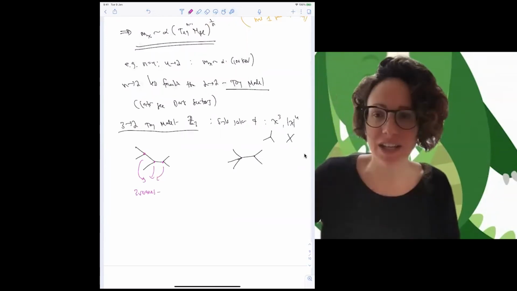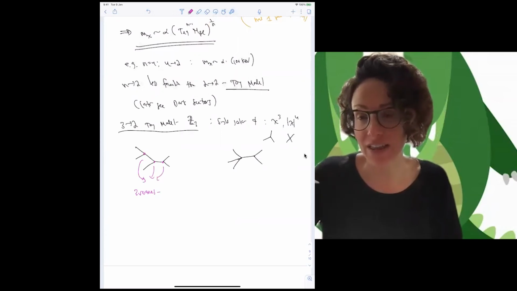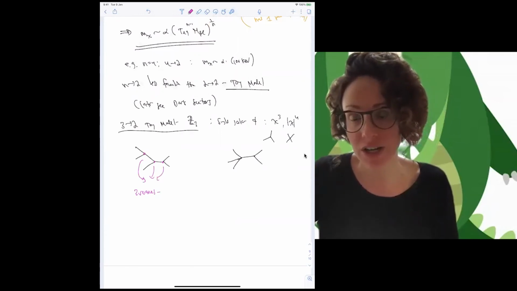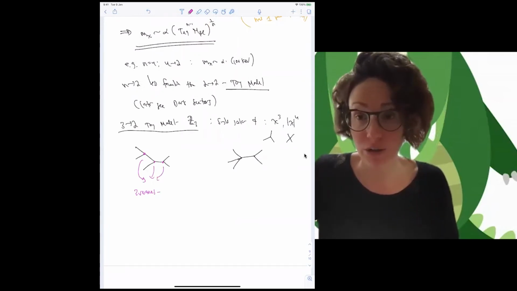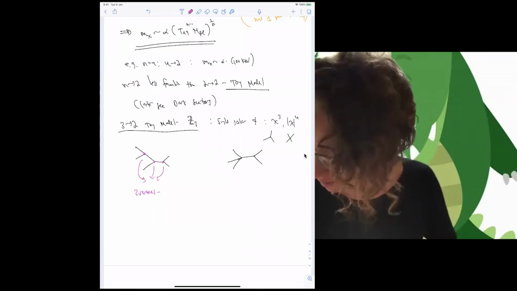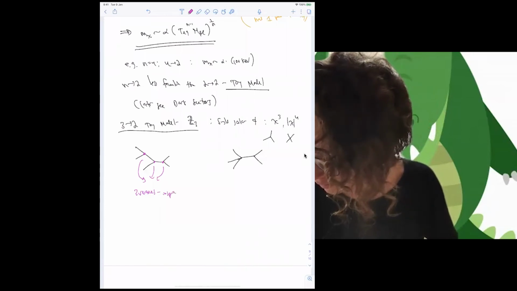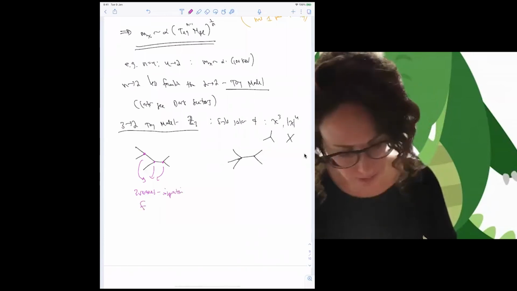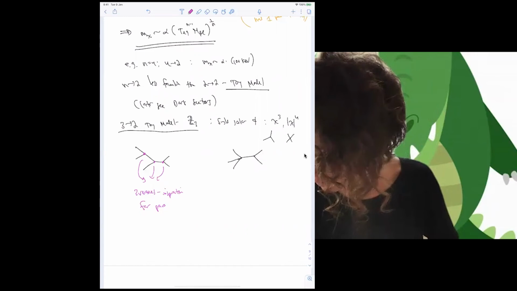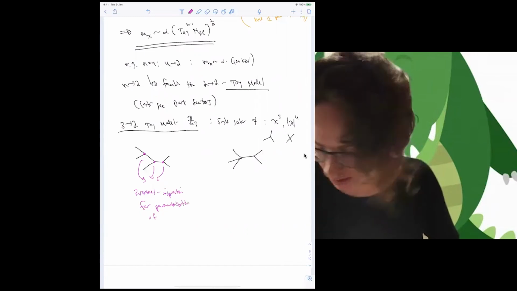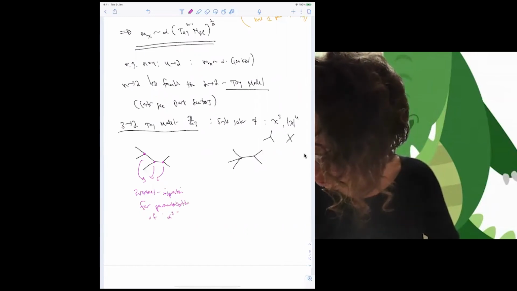And this is actually the inspiration for the fact that when we talked about the 3 to 2 cross section, we parameterized it as a coupling cubed. So this is just the inspiration for the parametrization alpha cubed for that cross section.